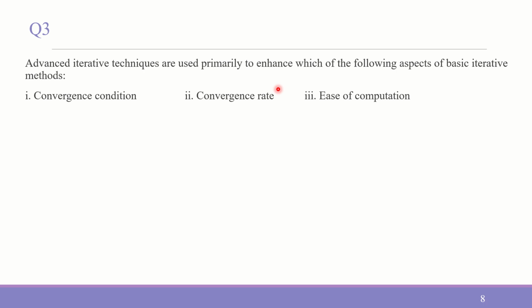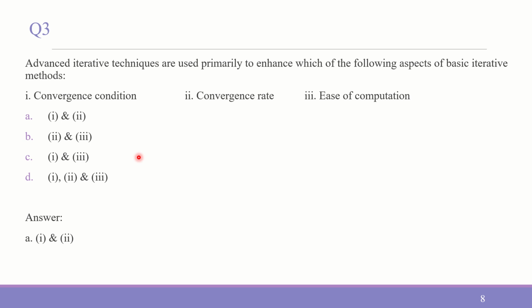That is not our ultimate aim, I would say. So if we look at the options, we have option A 1 and 2, option B 2 and 3, option C 1 and 3, option D 1, 2 and 3. So the answer is option A, that is convergence condition and convergence rate. Ease of computation is not our ultimate aim.